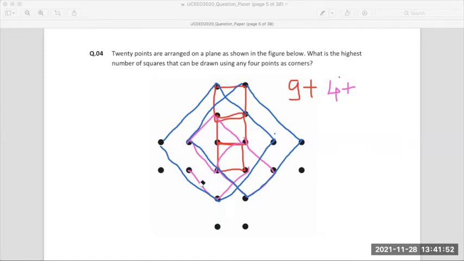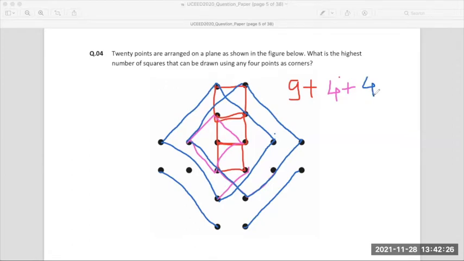Students, everybody agrees how many such squares can be drawn? Here 2 come, from these 2 points I can draw another 2, it's possible. And from this edge I can draw one more, from here I will draw one more, from here I will draw one more. So again 4, right?